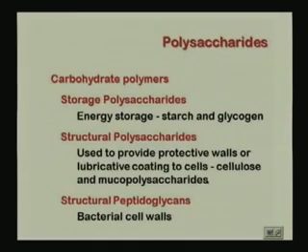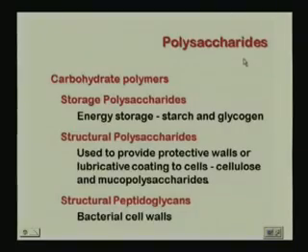The polysaccharides. The polysaccharides therefore will be further linkages of what we just learnt. Okay? So, not only will we have an alpha 1,4, we could have alpha 1,4, alpha 1,4, alpha 1,4, beta 1,4, so on and so forth. These polysaccharides are just therefore polymers of the monosaccharides, and they could be storage type.